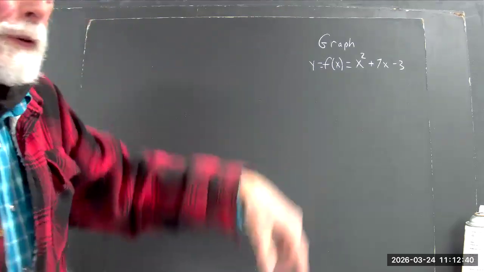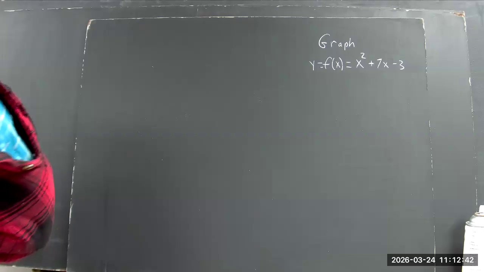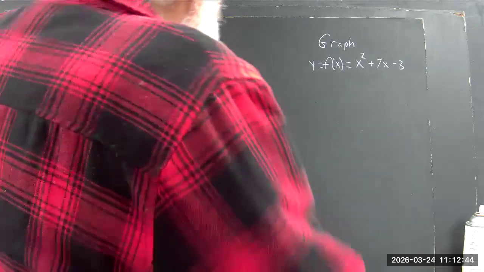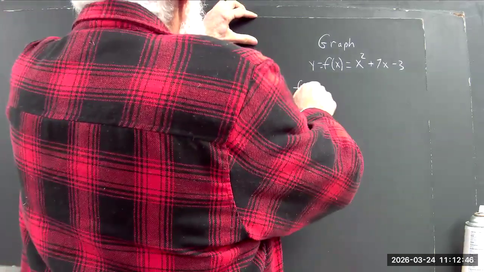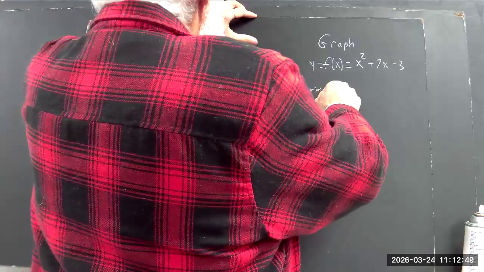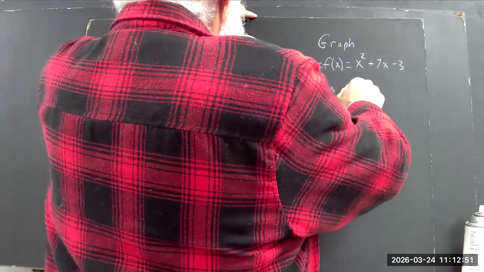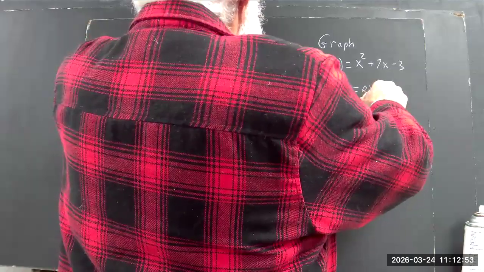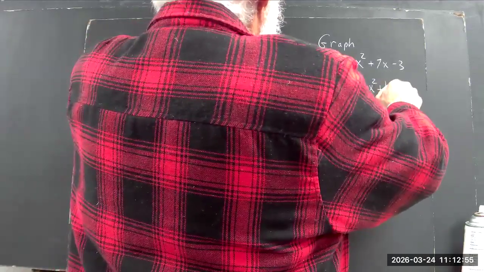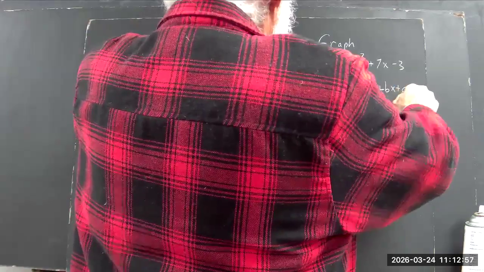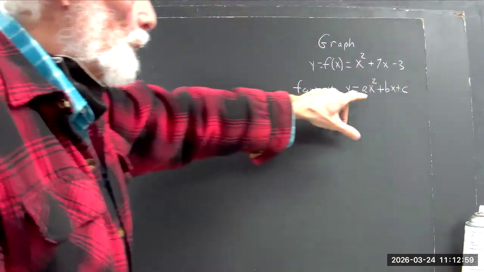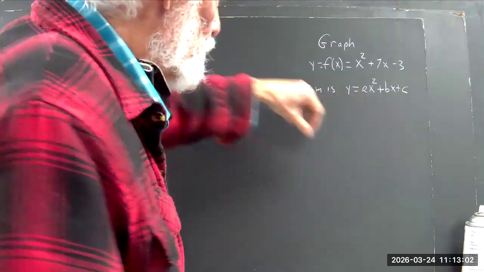Question is simply to graph this quadratic function. Now, form is y equals ax squared plus bx plus c.